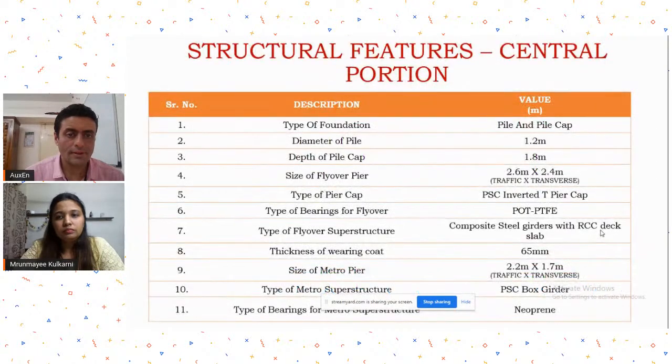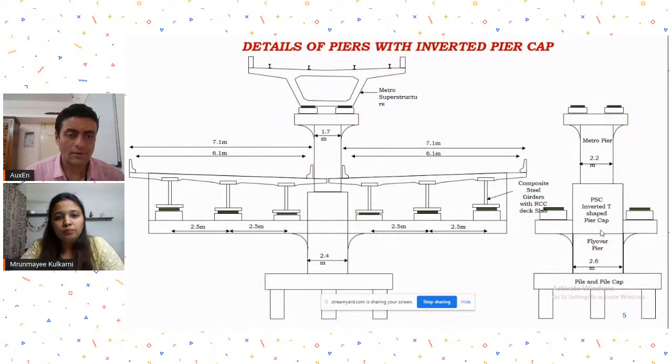There were two systems of pier cap which were adopted because we wanted a mandatory clearance. So as you can see here in the right image, we had adopted inverted T pier cap so that we would get maximum clearance below the pier cap.